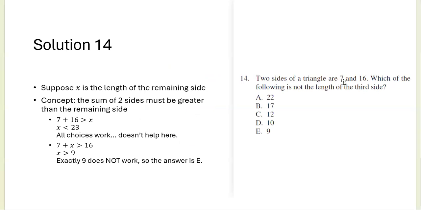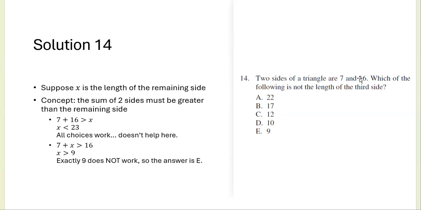We can assume that these are the shortest sides, meaning, as the concept says, the sum of these two must exceed the third side. Let's call the third side x. So 7 plus 16 has to be greater than x, which means x is less than 23 here. By the way, these are all less than 23, so that doesn't help us. So that's why we have to also consider a different case.